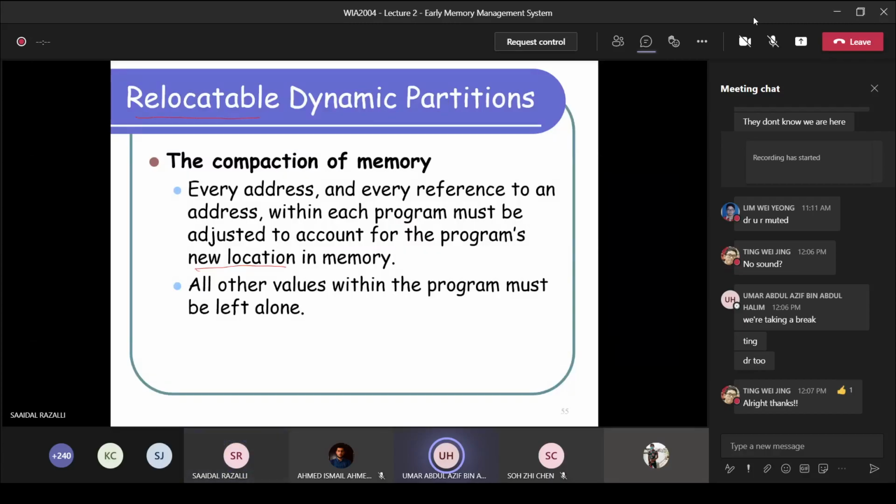Correct me if I'm wrong, but I'm just imagining the physical random access memory, the stick. So what you're talking about is just the digital way that the operating system is managing the physical part of the random access memory, right? Yes. So the location is changing, but the digital value is not changed in any way.